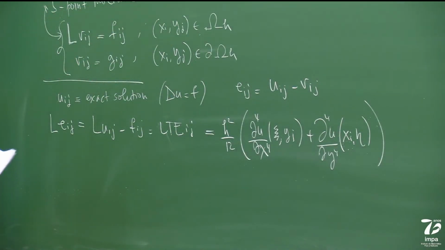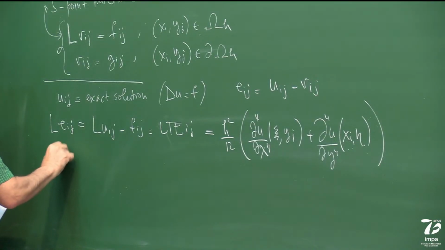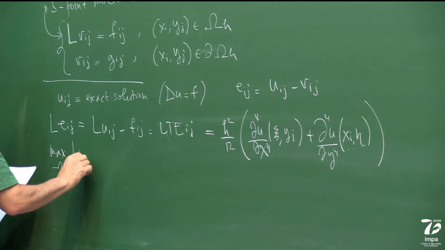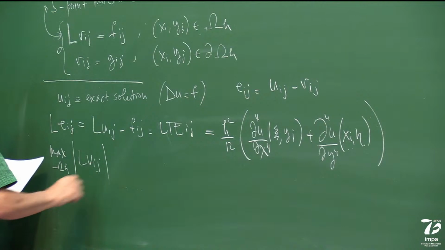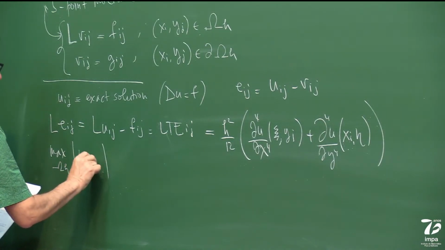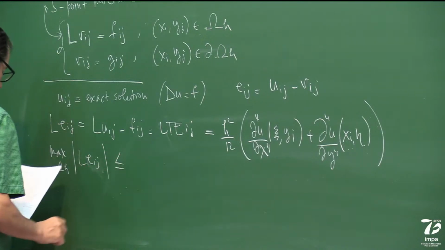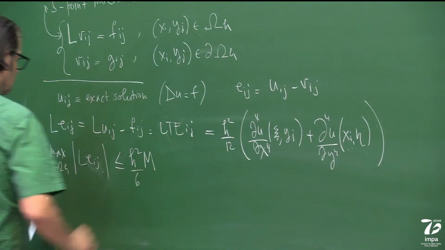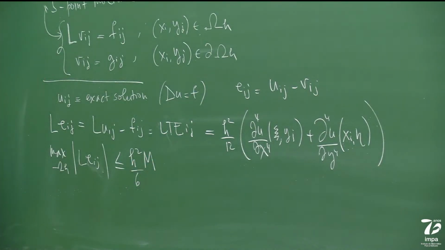Okay, and therefore, from this, we can write that the max over the grid of the error, sorry, we can write it like this. So with the fourth derivative bounded by M, we get this.